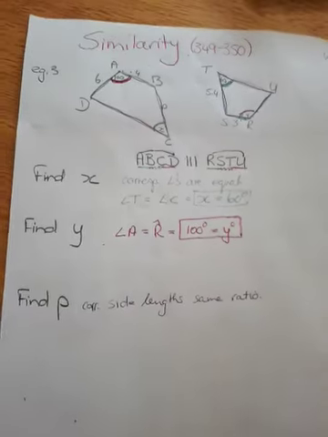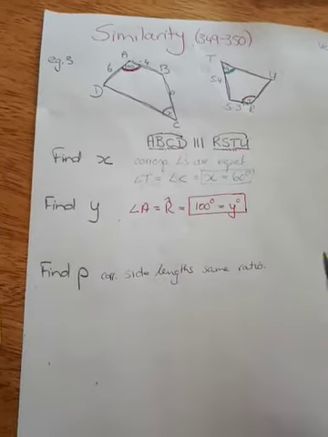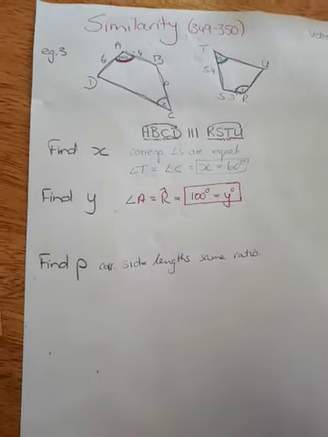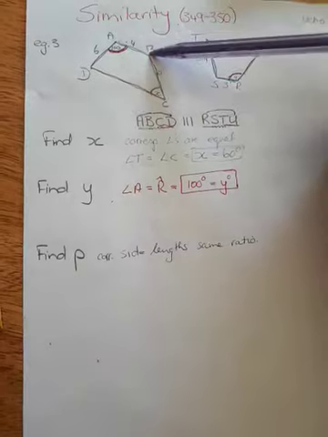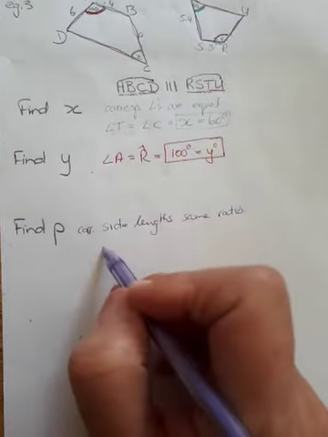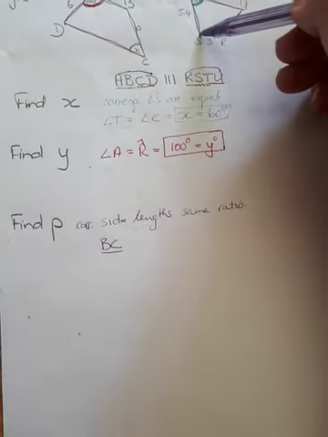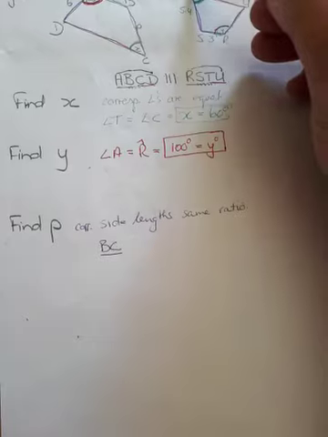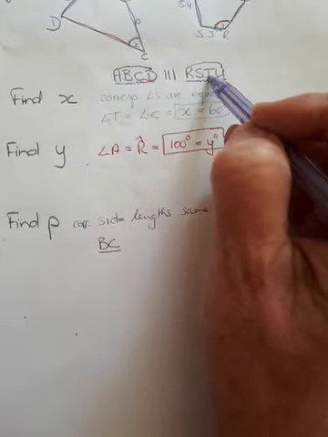Therefore, we can just simply divide corresponding sides. If we look at the question mark, the P is BC. So BC corresponds to ST. You can also look here, BC, the purple, corresponds to ST.